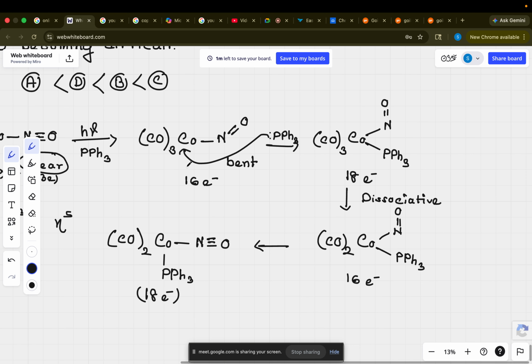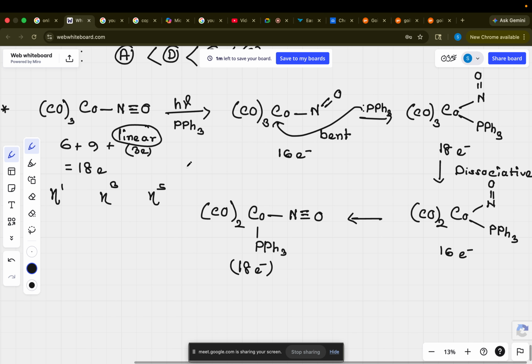So a dissociative mechanism reaction can happen only if you have a polyhapto ligand, as well as the metal center being able to adopt a lower hapticity value. Here PPh3 is donating electrons, so this is basically your associative mechanism. These kinds of reactions initially have 18 electrons, but still follow an associative mechanism, not a dissociative mechanism. Clear?